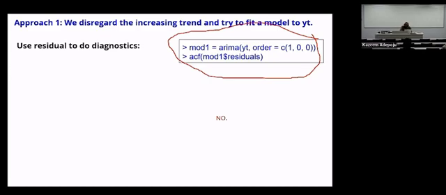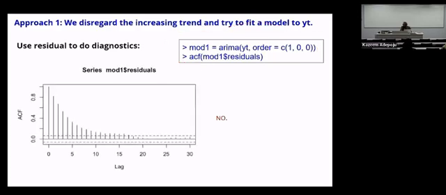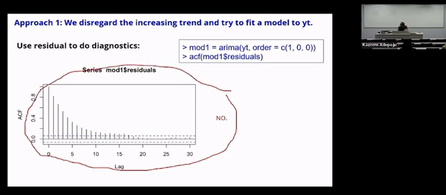That's exactly what you want to do, and let's see what is going to come out. Oh my God, take a look at this. Does it look like all the autocorrelation values are within zero? No. That's how to know that this is not a good model. You know why? Because the assumption is violated when you've ignored that.